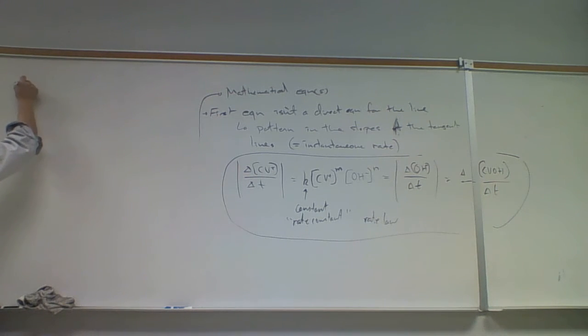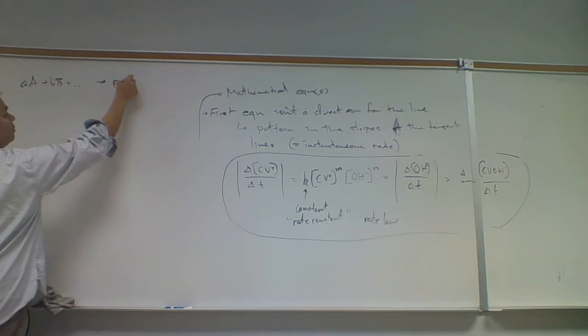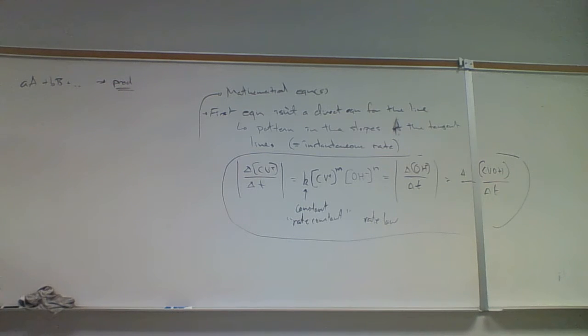We extend it to some generic reaction, aA + bB + ... goes to products, whatever the products are. And so the rate is equal to 1 over a times delta A over delta t.